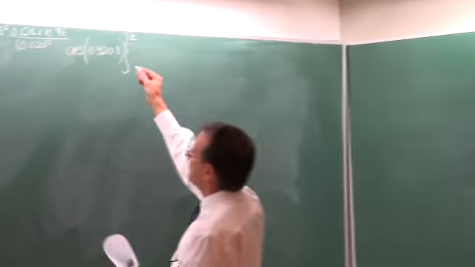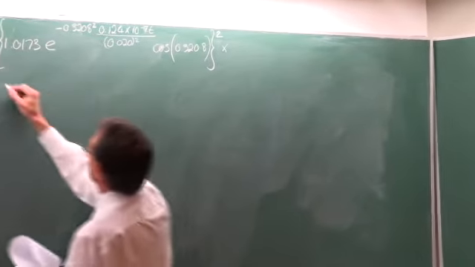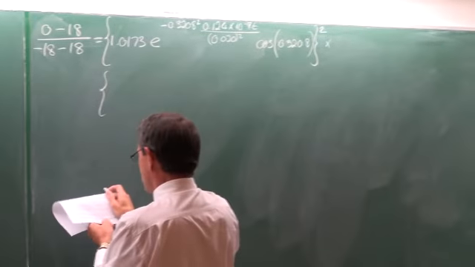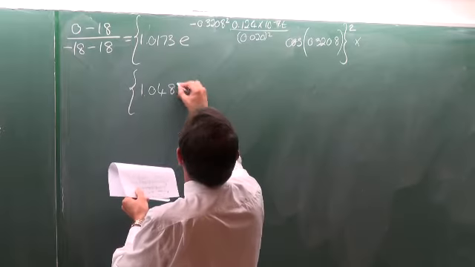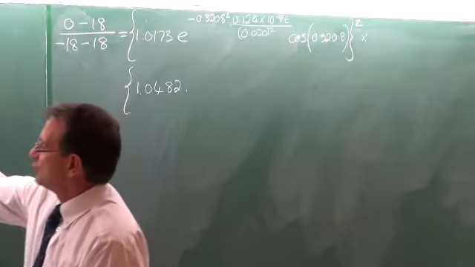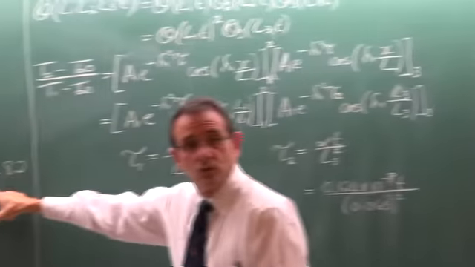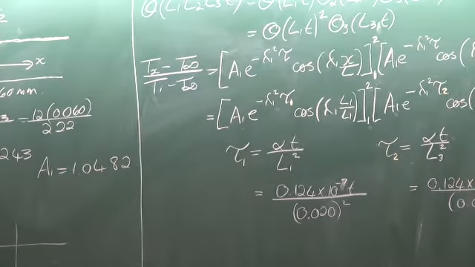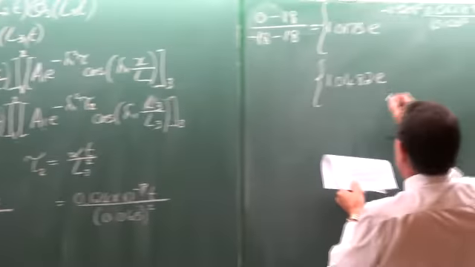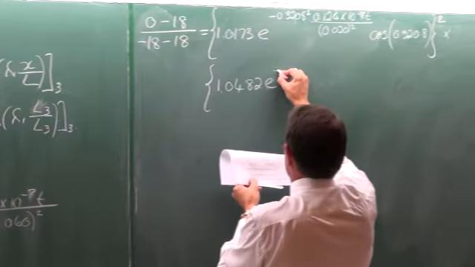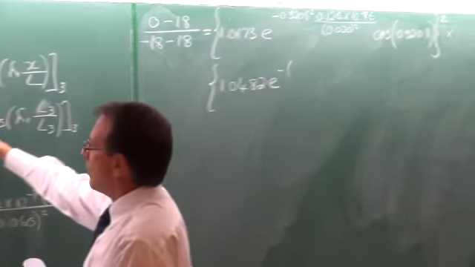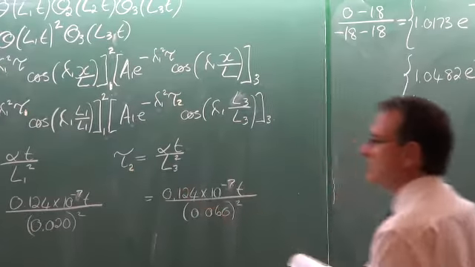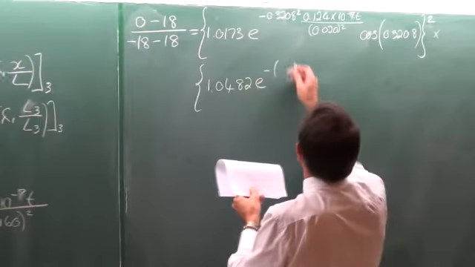Okay, so multiplied by the next term, which is equal to 1.0482, A1, and this A1 is now equal to that term there, multiplied by e to the minus lambda 1, and lambda 1 is equal to 0.5392.